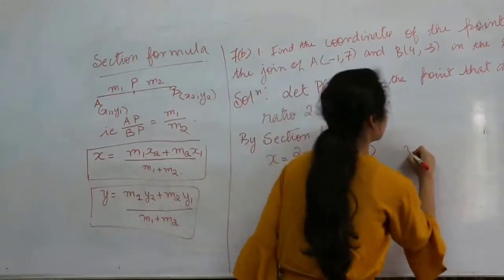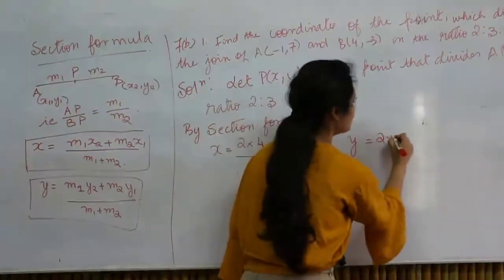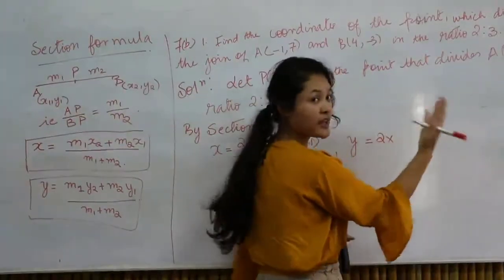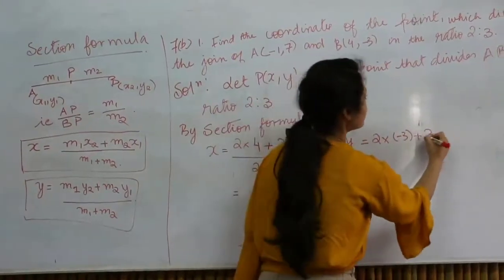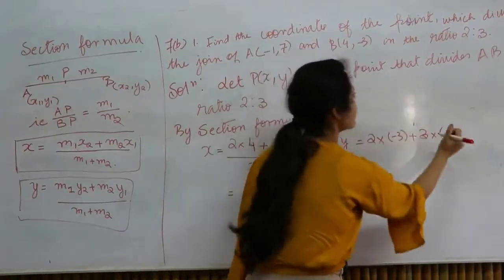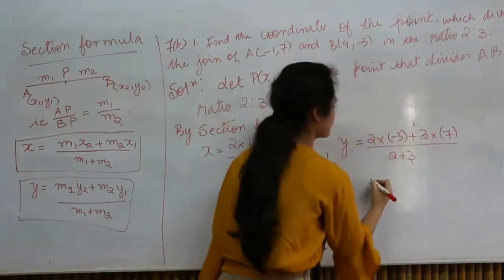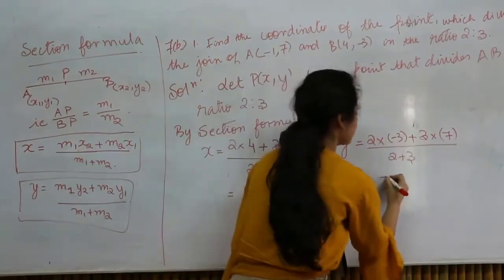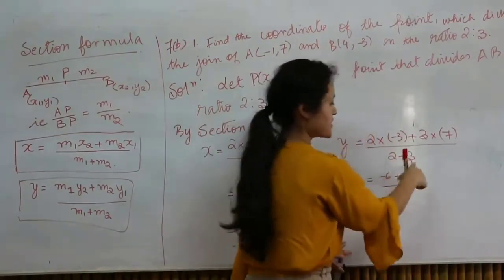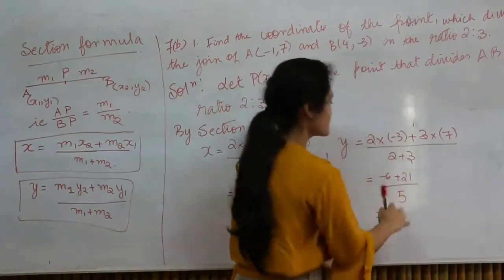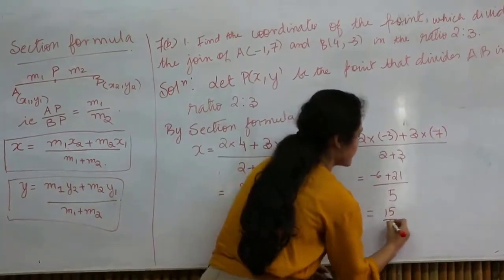So what about the y coordinate? The y coordinate is given by this formula. So m1, which is 2, into y2, which is minus 3, plus m2, 3, into y1, which is 7, divided by m1 plus m2. 2 into minus 3 is minus 6, plus 3 into 7 is 21, and 2 plus 3 is 5. So minus 6 plus 21 you will get 15, divided by 5.